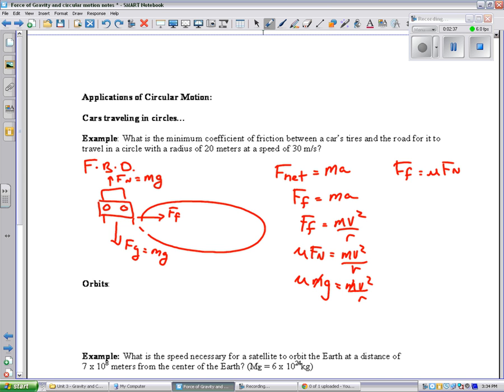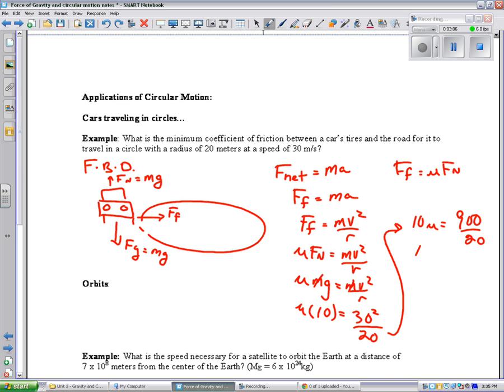So, mu times g, which is 10, equals v, so it's a speed of 30 meters per second, squared, over r, which is 20 meters. So now I have 10 mu equals 900 divided by 20.